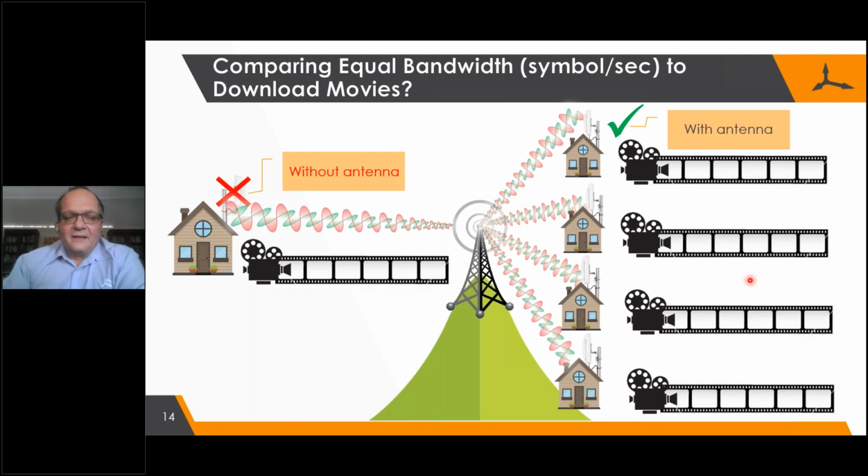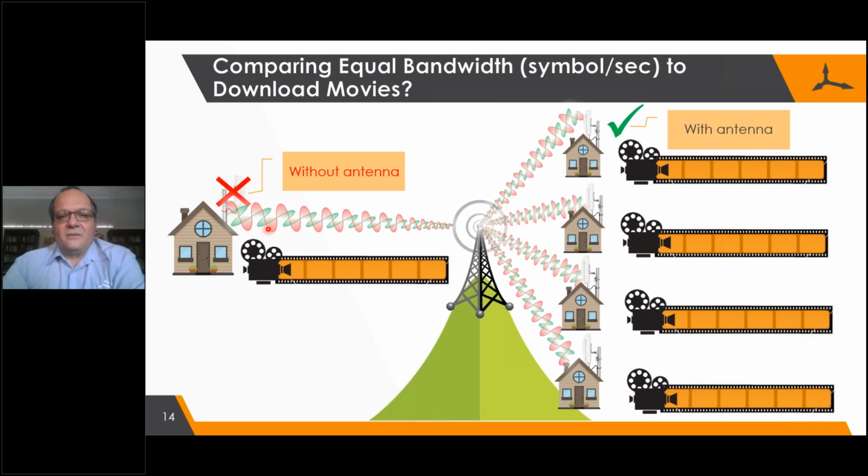But if we now look at the practical case, and perhaps this is another good way of showing this capacity, we can sit with 4 houses on this side and service each of them with a movie at the same time that on average we can service a movie to a guy using indoor antennas. And I think this is just a very visual illustration of the fact that that same base station can service 4 people with external antennas at the same capacity as what it would need to serve only 1 person on this side.